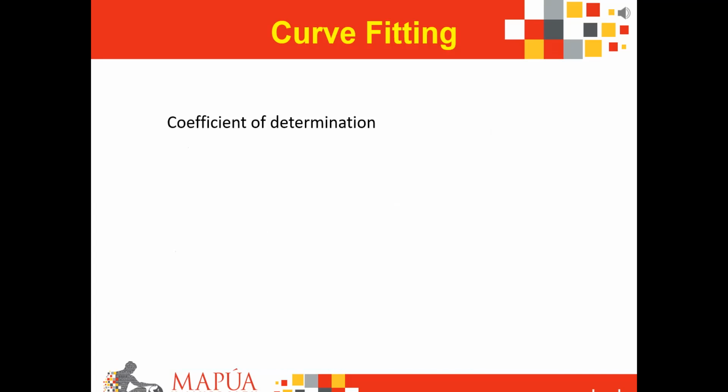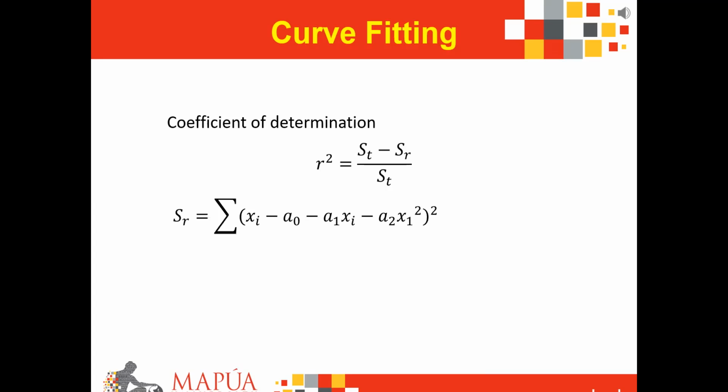And in order to solve for the coefficient of determination, it is given by this formula, whereby it's based on the sum of squares of your residuals and your standard deviation formula. You may also evaluate your SR using this concept, which is the formula for your sum of squares of residuals, and your ST to be this formula, which is your standard deviation.